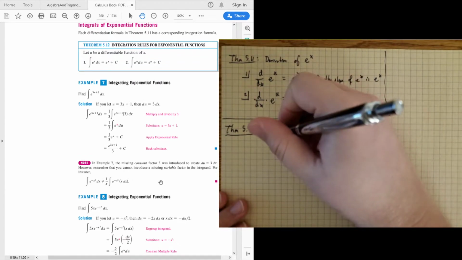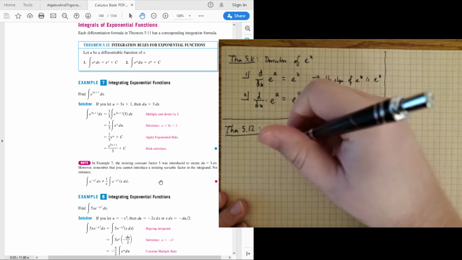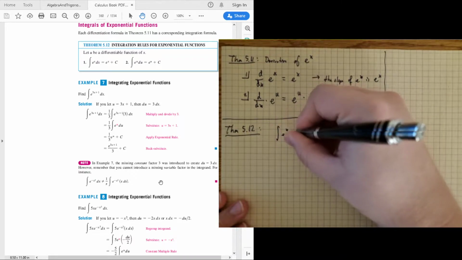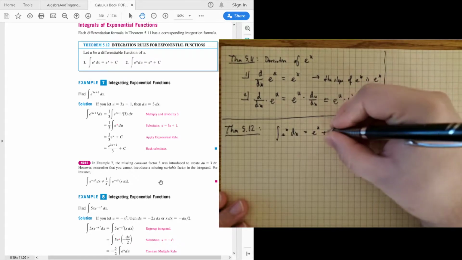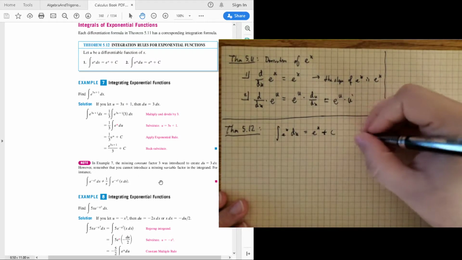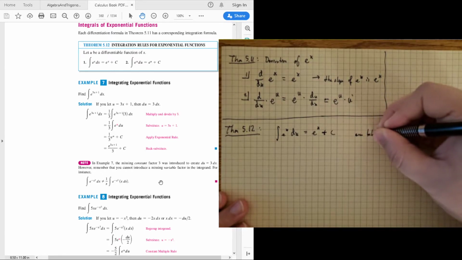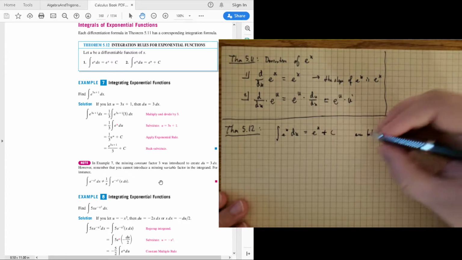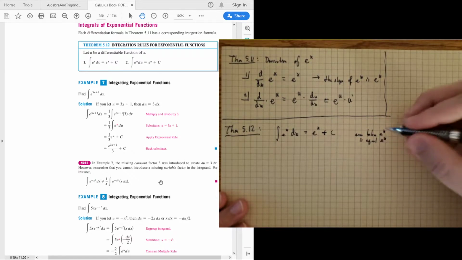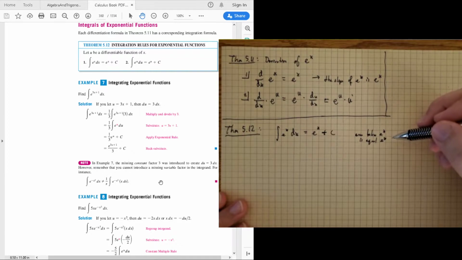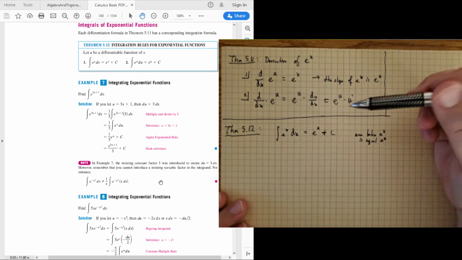The integral of e to the x dx is, of course, equal to e to the x plus c, which again, according to our terminology, means the area below e to the x is equal to e to the x. So the area generating function is equivalent to its original function. This is what makes e to the x so unique and why it has its own separate section in this chapter. It's because it has this unique property.